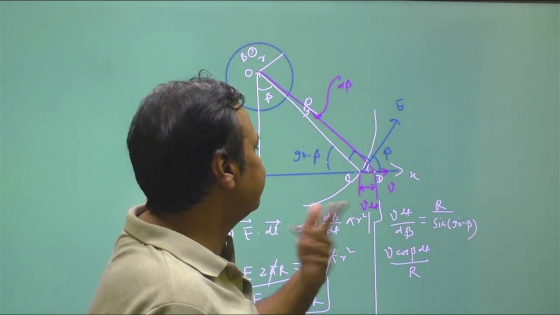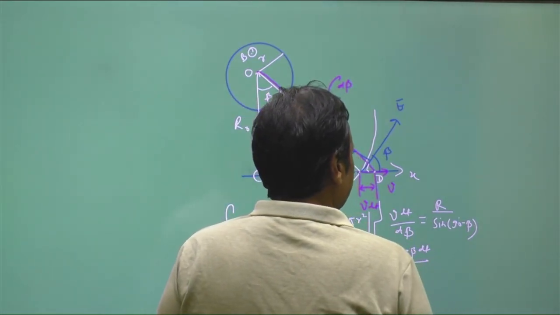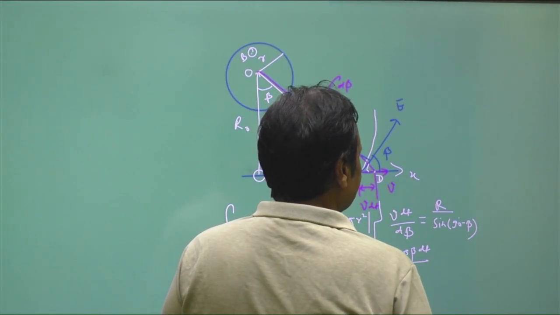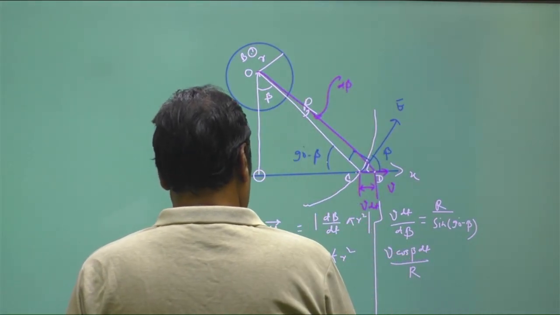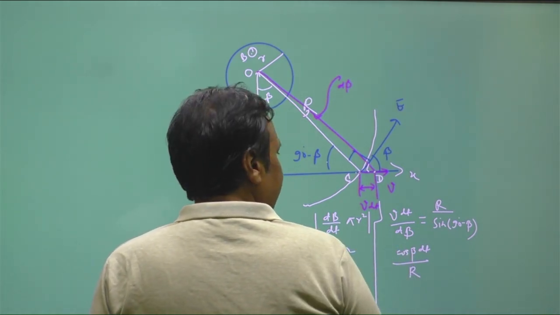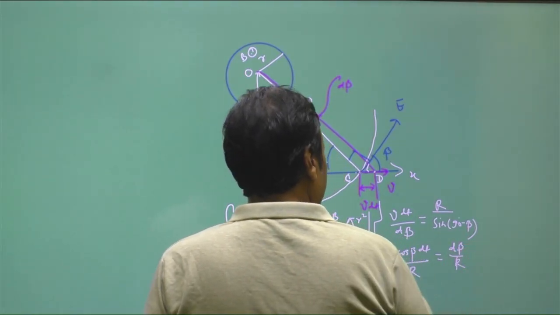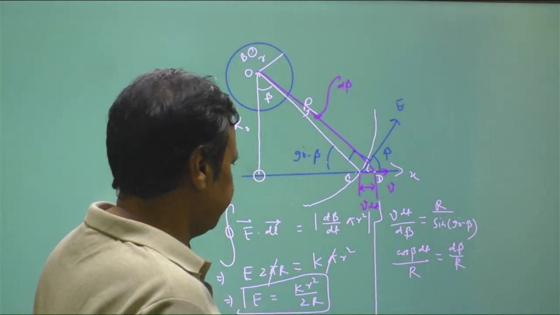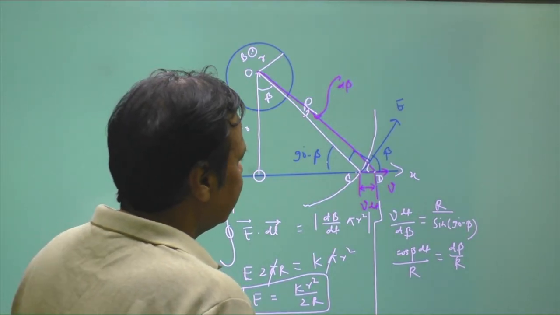Sine 90 minus beta is cos beta, so v cos beta dt by R equals d beta.